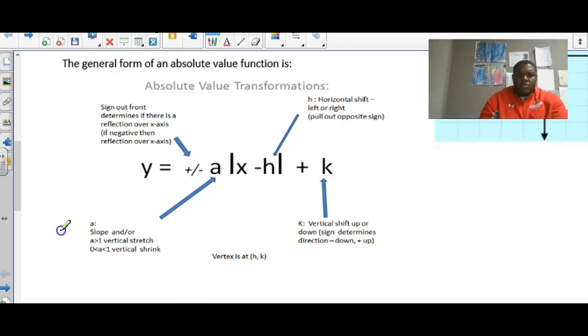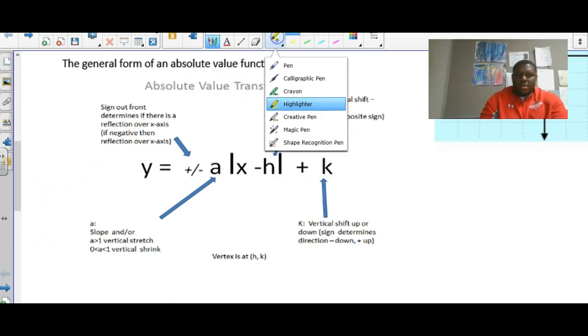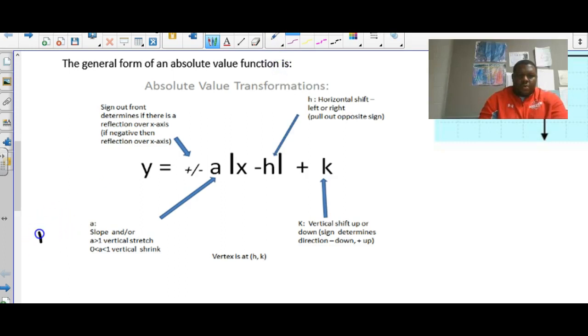Let's say a was 1/2, or 3/4. That's not a whole fraction, so that's going to be less than 1. Therefore it's a vertical shrink. So you've got to practice these problems, guys, in order to get better at them.